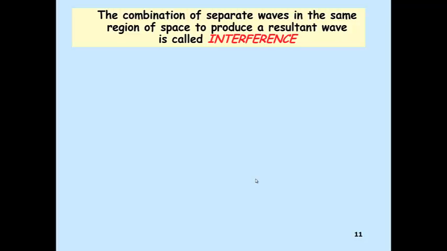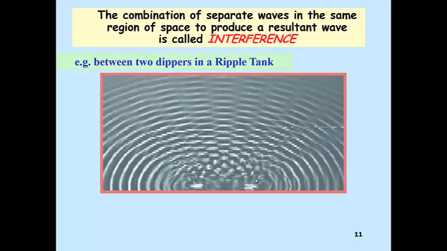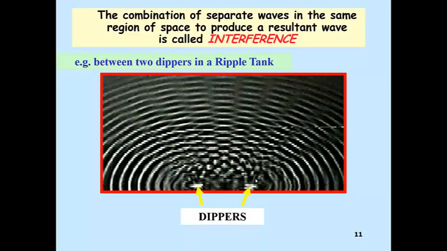So the combination of these separate waves is called interference, and you can see it in two dimensions when you look at the ripple tank. So these 2 points down here are the dippers, which if you dip them into the water at a particular frequency, you generate a wave, and so the wave travels outwards at a certain rate, and if you've got two dippers, then they interfere.